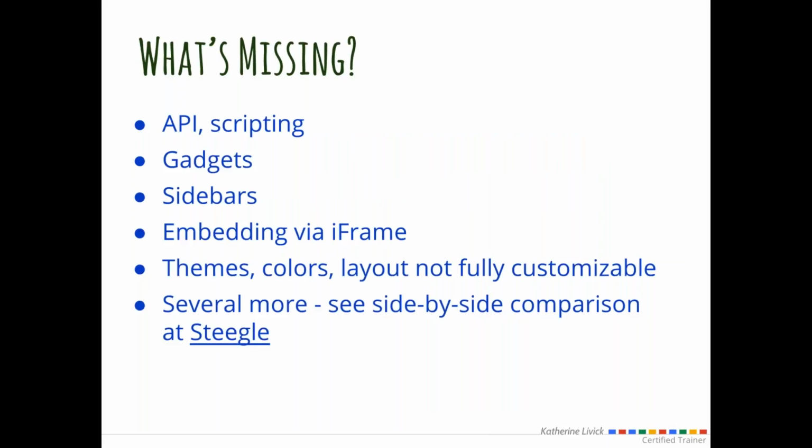So there are a few things that are missing, and actually not a lot, but some of them are kind of important for those of us who are more advanced users. API and scripting access are not a part of the new Sites. If you don't know what those are, then you're probably not going to miss them, so don't worry about it.